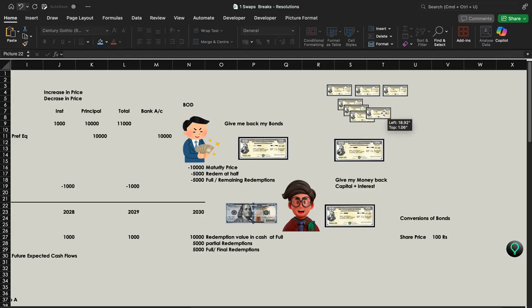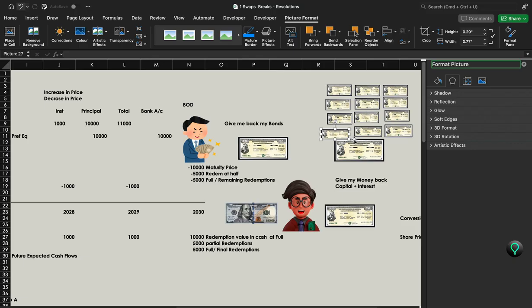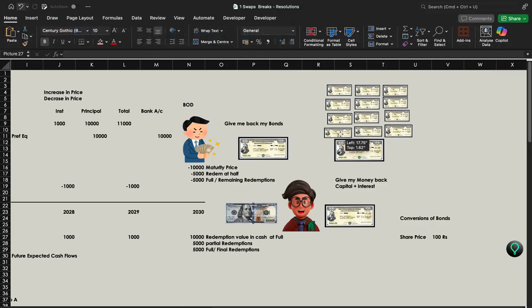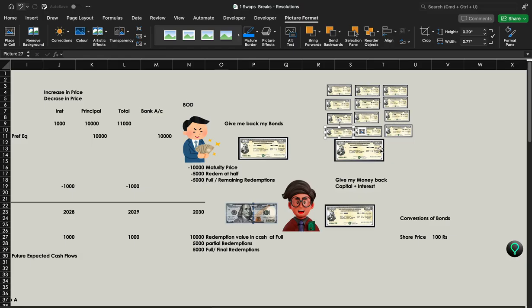Wait a minute, let me just put it in a sequence. Each stock price is at 100, right?